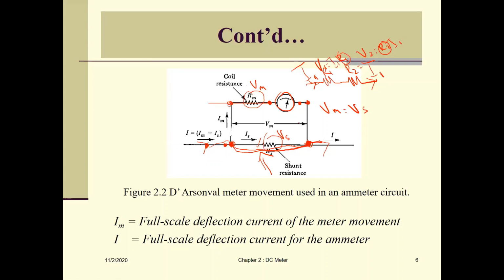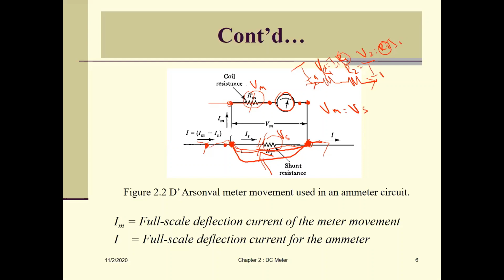If connected in parallel, then as I mentioned, the current will flow to the lower resistor. If we put a wire here to this point, automatically this is a short circuit. The current will not flow to RM or RS.